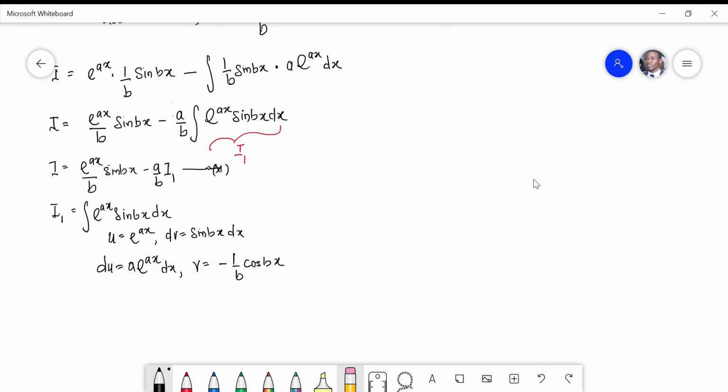Then I can now say that my I1, applying the same thing, is uv minus integral v du.